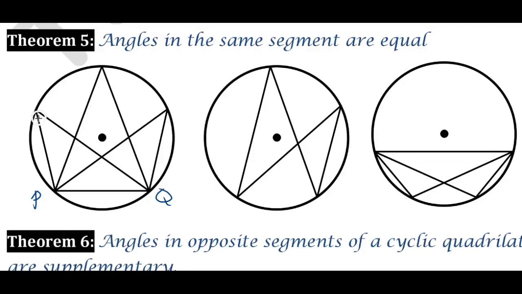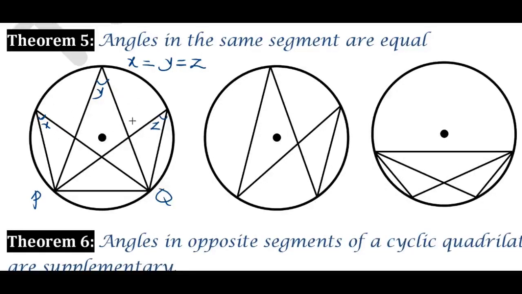So let's say this chord subtends angle X here, subtends angle Y here, subtends angle Z here. So X, Y, and Z are in the same segment. Therefore, X equals to Y equals to Z. So this is what theorem 5 is talking about.